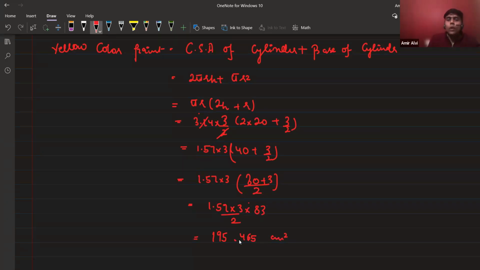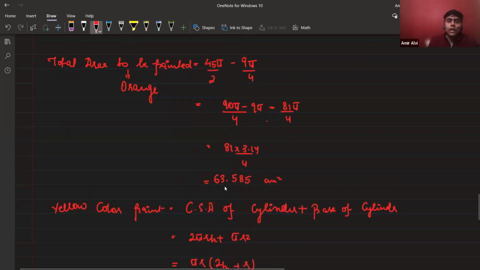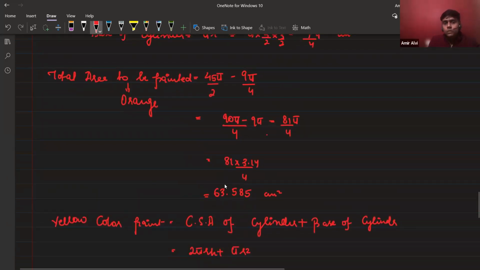So the area required to paint yellow color is 195.465 centimeter square, and the area required to paint orange color is 63.585. Clear? Yes, sir. Okay, so let's take this question.